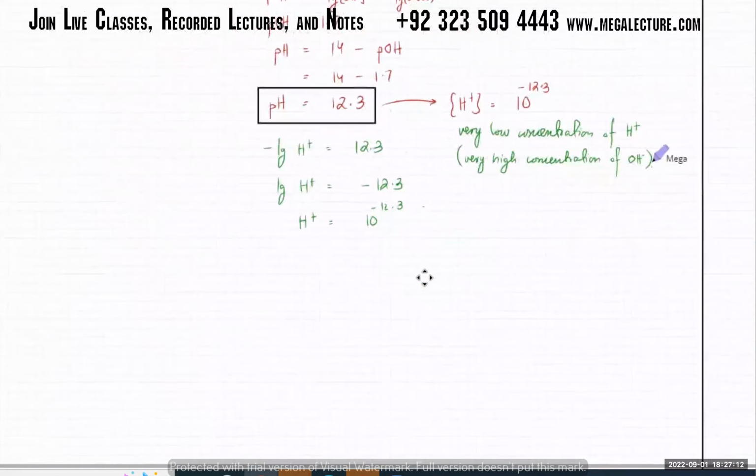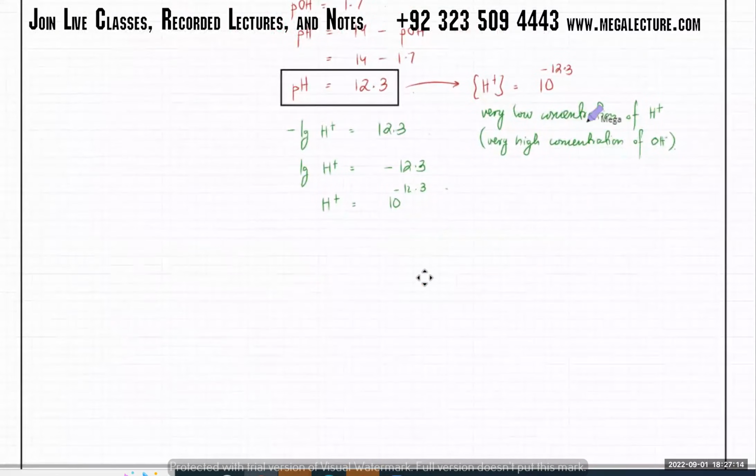Let's say there's another base. I'll reverse it. Here's a base and that's KOH. They say that KOH, which is a base, has a pH of, let's say, 13.1.